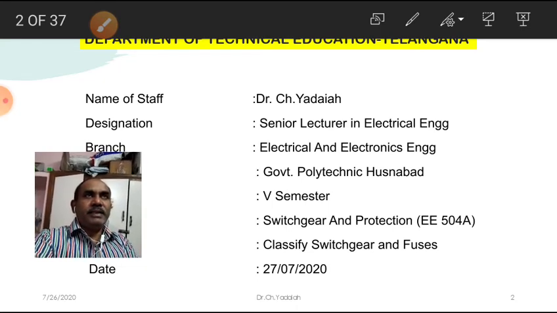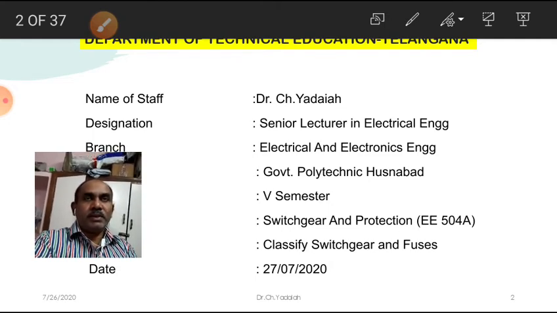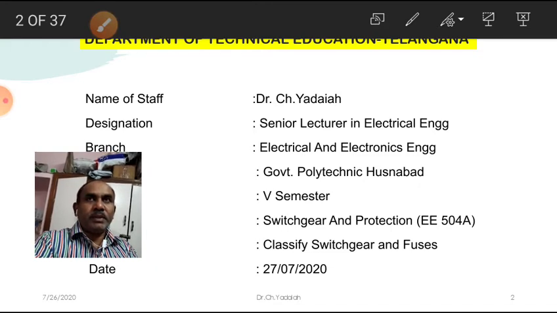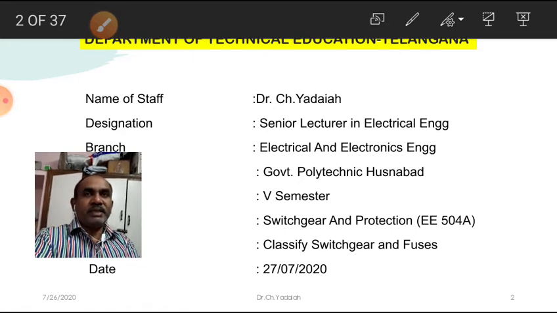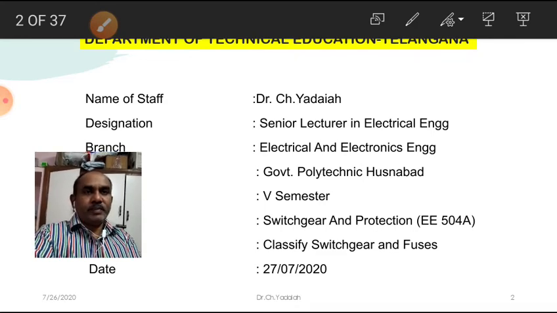Last class we have seen the classification of isolators based on location and purpose, the physical structure. For the single break, double break, pantograph, MCB isolators we have seen.